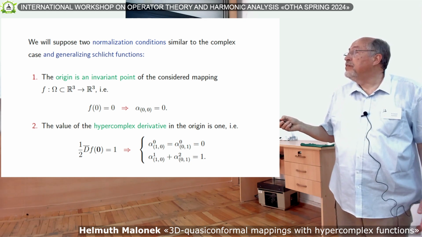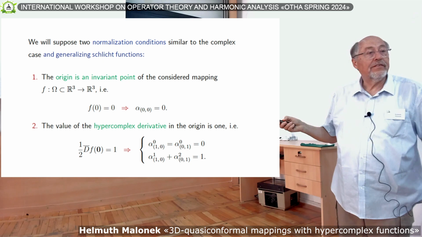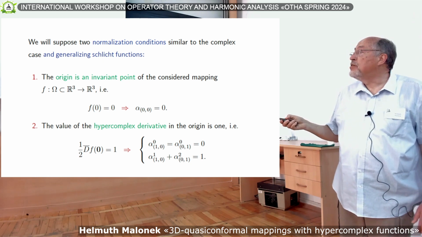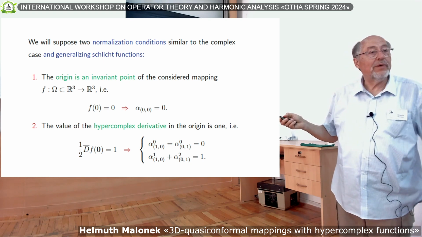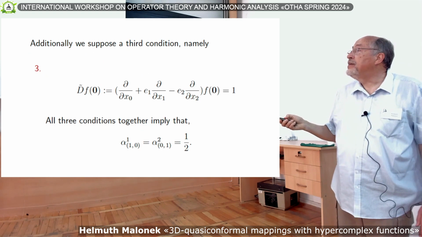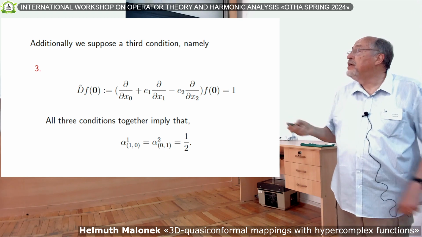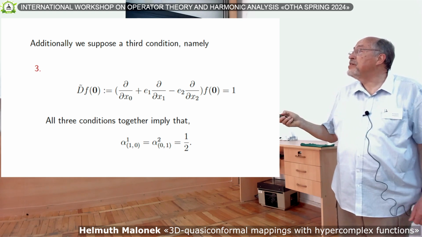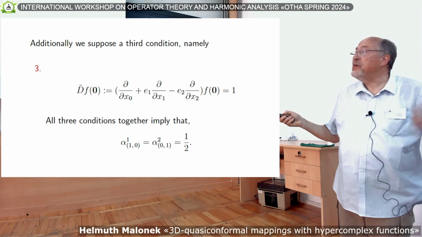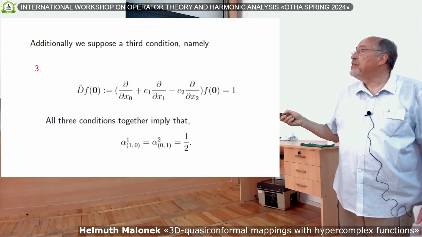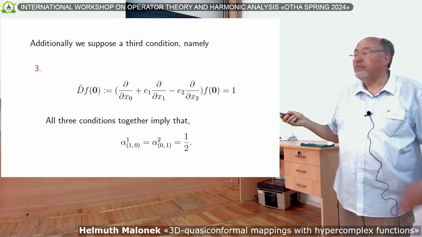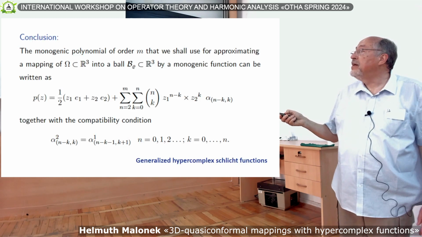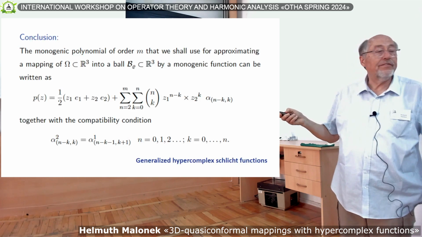The derivative, here is the derivative behind this conjugate d operator, should be 1. This means new restrictions on the real parts of the coefficients. And then you need a third condition, is another differential operator, in fact, because you are in higher dimension. Here only the minus sign appears and not both, and you see that's a variation. And then you see that the first coefficient for the linear part should be 1/2, and you get the class of schlicht functions in this sense.